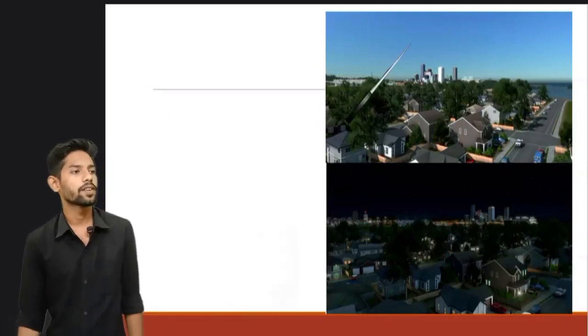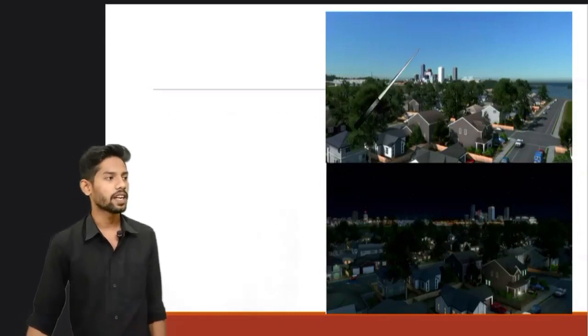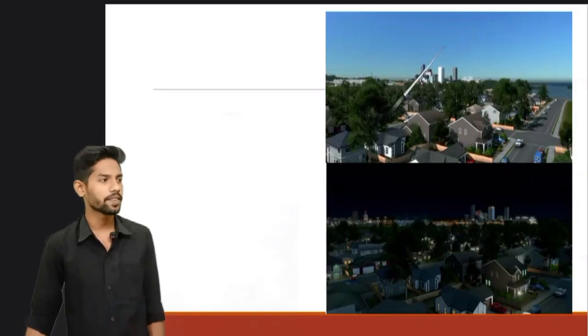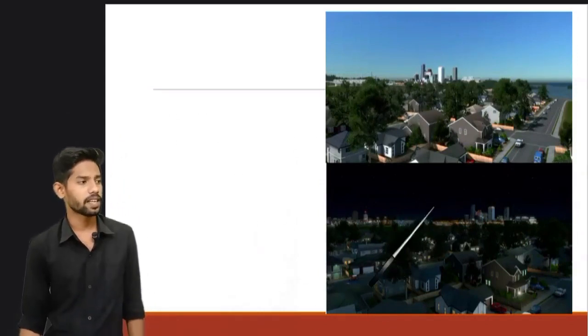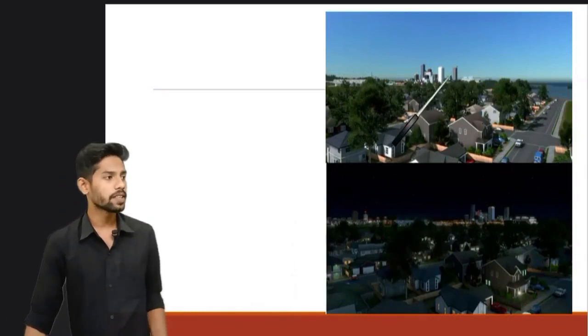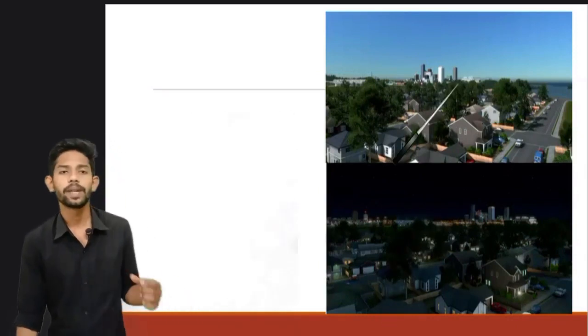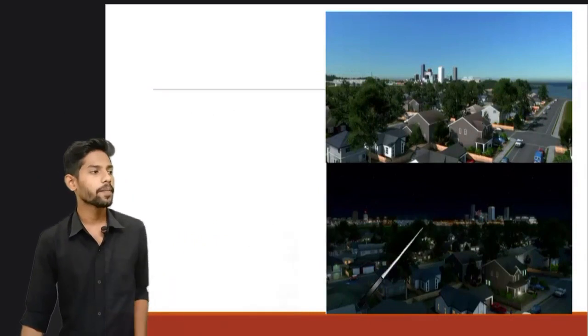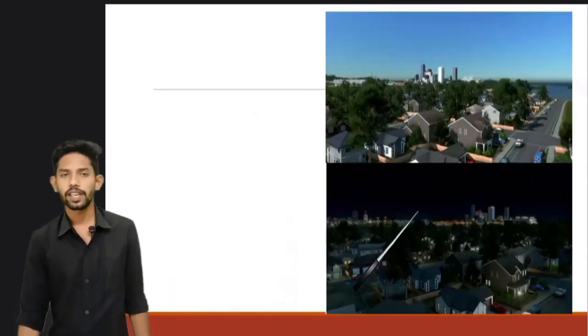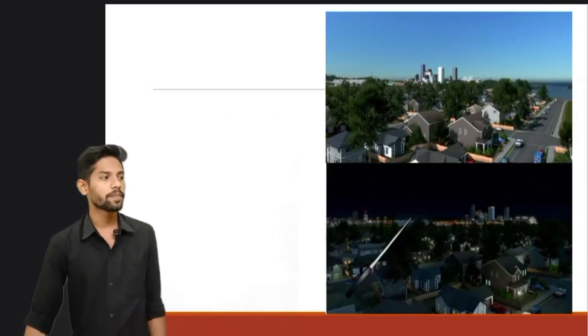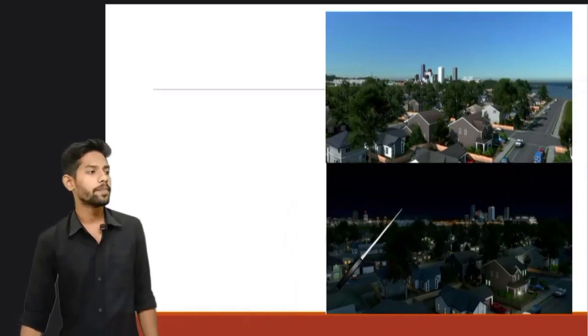Here you can see this is the daytime in which a blue sky appears, and then in the night time it is a black sky. So this is the difference between day and night, this one is a bit lighter. Why? Because the sun is present. And this second image which is present down is a bit darker. Why?